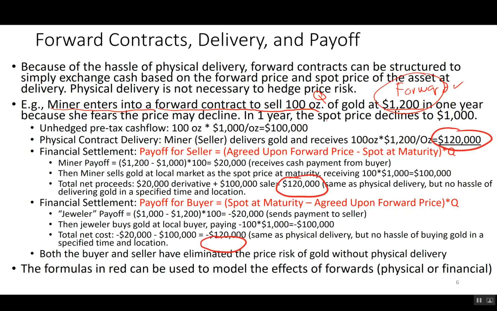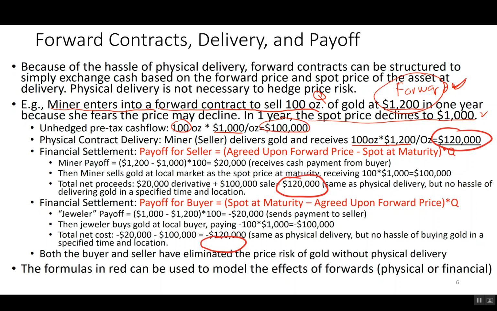And what if 1 year from now, the actual price of gold is $1,000? Now, if the miner had not hedged, she'd sell her 100 ounces of gold for $1,000, the price next year, and she'd receive $100,000. But this miner had some forethought. She locked into a forward price of $1,200, and if that contract specified physical delivery, she would then deliver 100 ounces of gold to the counterparty.